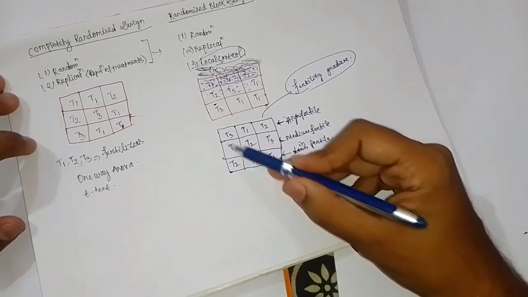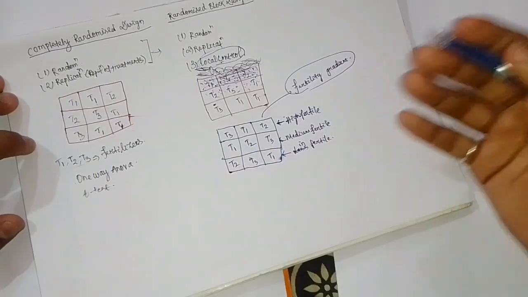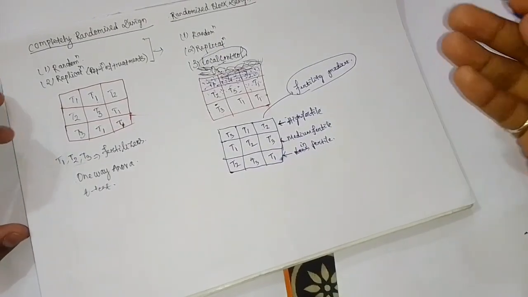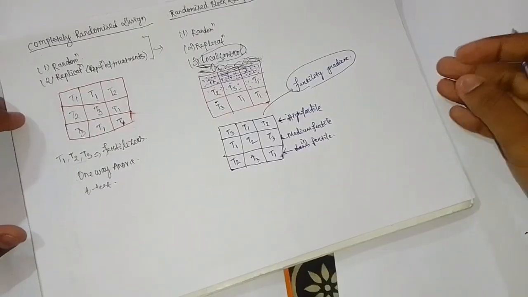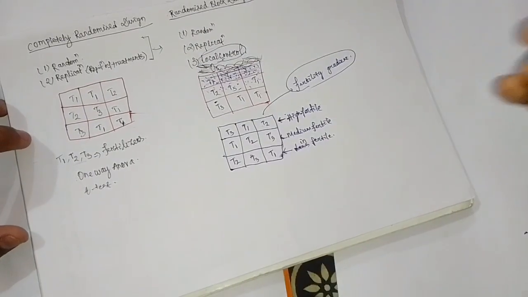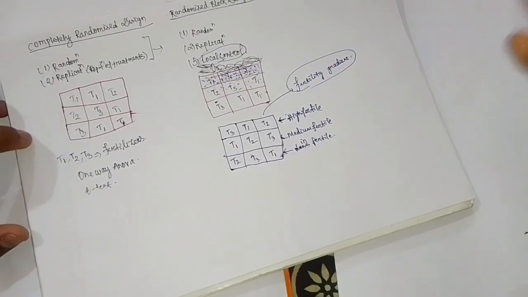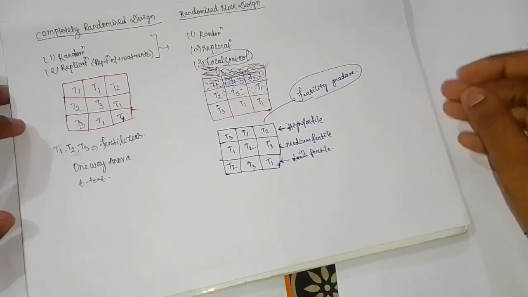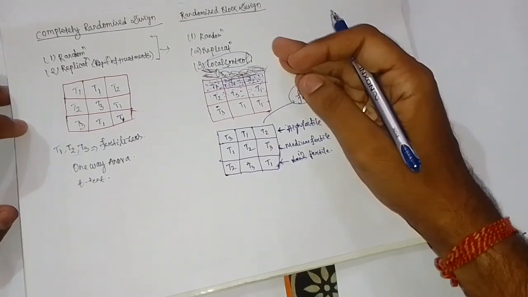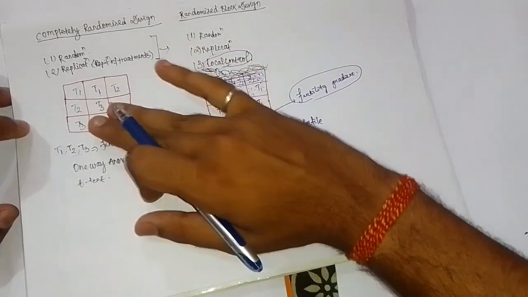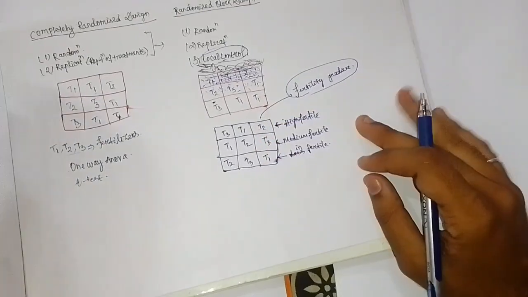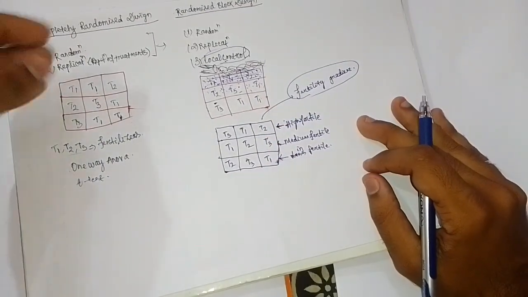So this gives us more information about our error term. Error term means the chance variation or the natural variations about the treatments or fertilizers. So in randomized block design we get more idea about the treatments or fertilizers in comparison with completely randomized design.